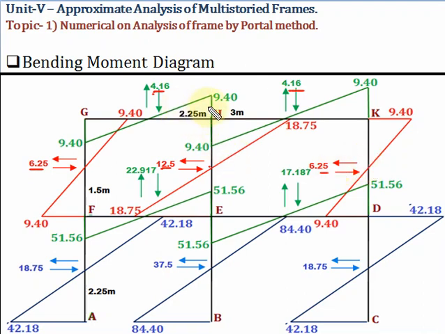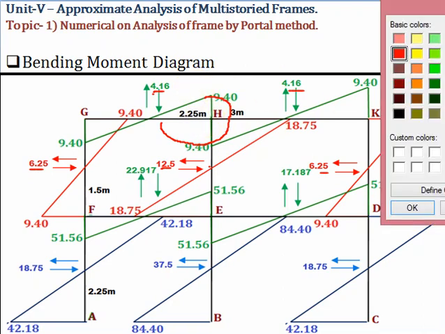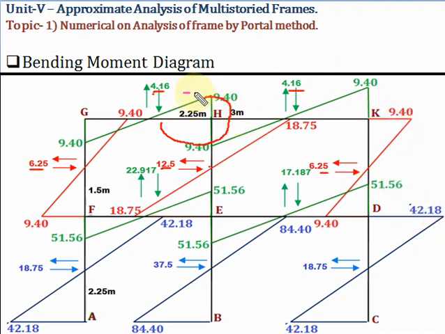Now how to draw the bending moment diagram. Due to this force, it will rotate like this. Yes or no? To resist that, there should be an opposite force like this. So the opposite force will be like this, and here the bending moment diagram will be in the upward direction.